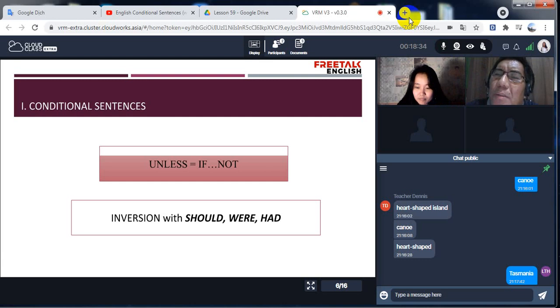Aside from the heart-shaped island, what are the other areas that are considered tourist destinations in central Vietnam, the place of General Ho Chi Minh? Sorry, I don't get it. Are there any areas you can visit aside from the hometown of General Ho Chi Minh and the heart-shaped island?